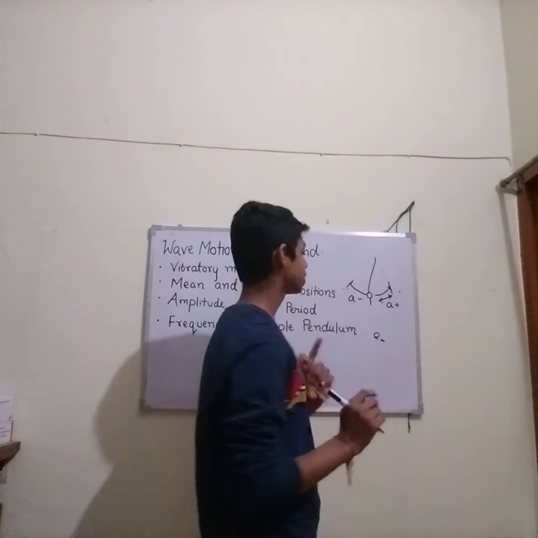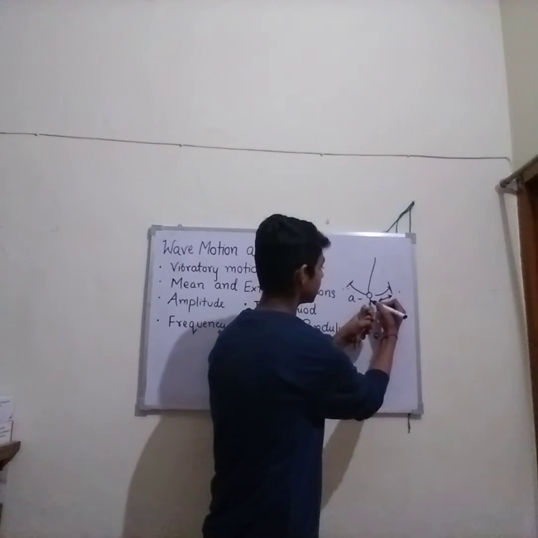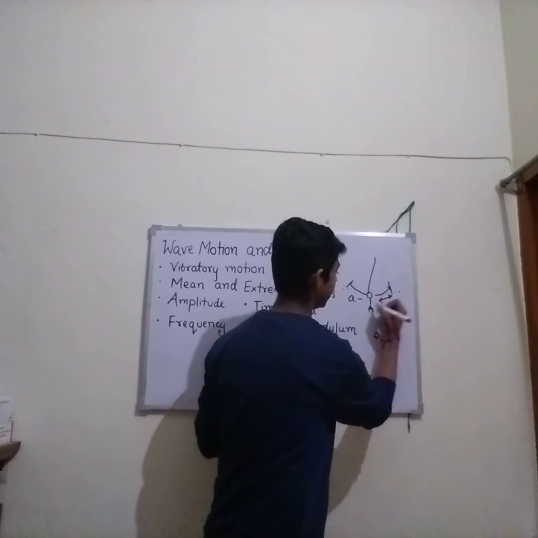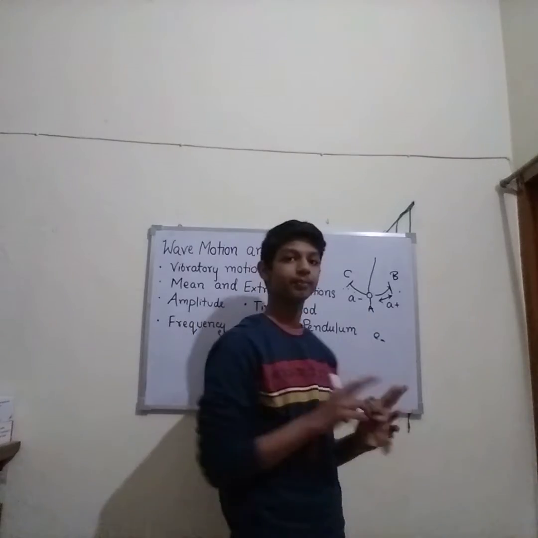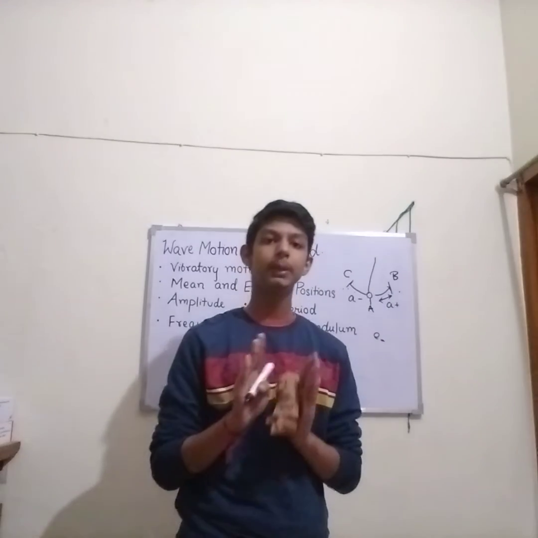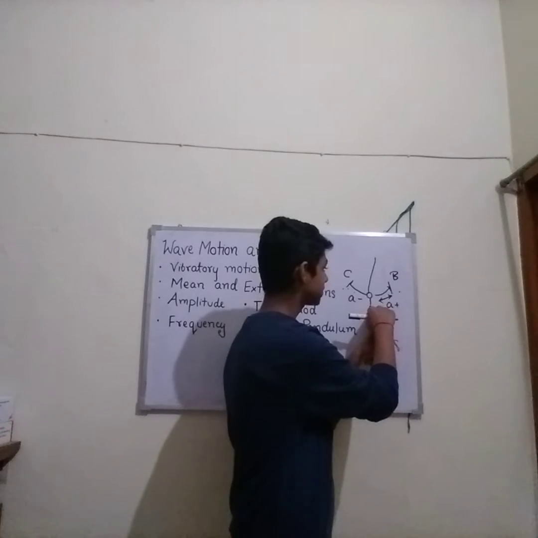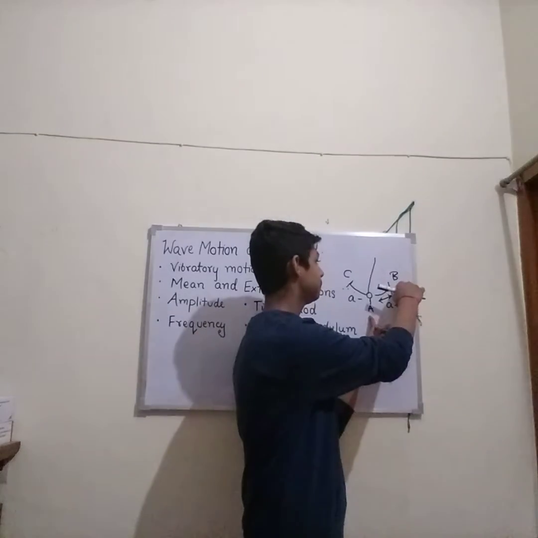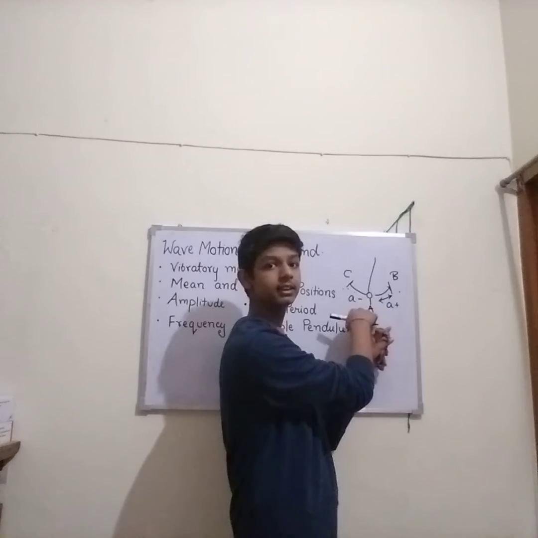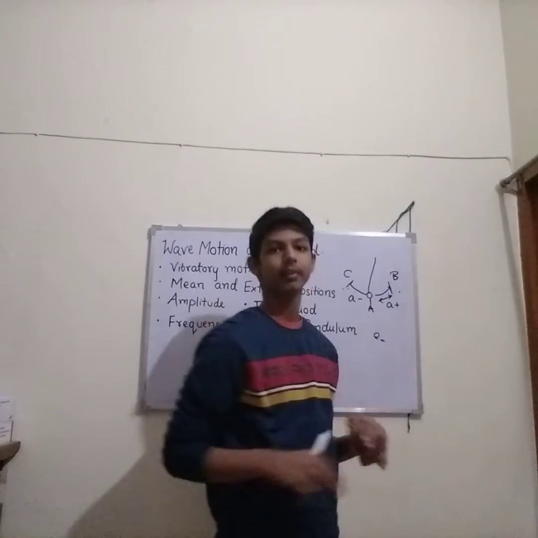An oscillation consists of movement in both directions, which means suppose this position is A, this position is B and this position is C. Then the time period is taken by the distance covered from A to B, then B to A, and then A to C, and then C to A.